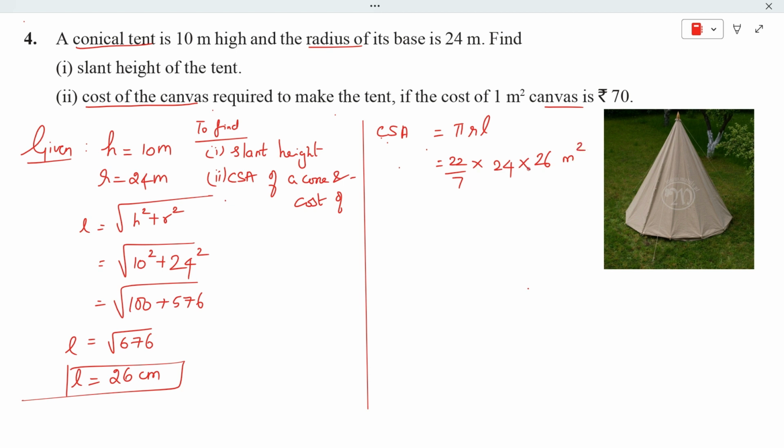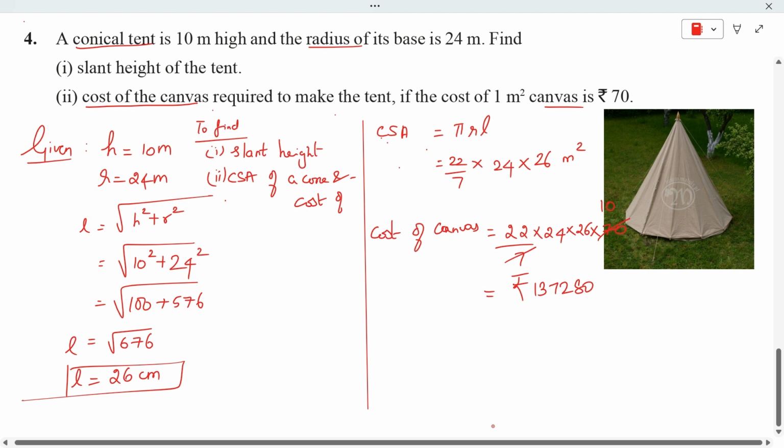No need to do the calculation, as when we multiply by 70, automatically 7 and 70 will get cancelled because I need to find the cost of canvas. So cost of canvas is equal to this much meter square multiplied by 70, 10 times. So the answer is going to be 1,37,280 rupees. So hope you understand how to calculate the CSA and TSA of a cone when the word problem is given.